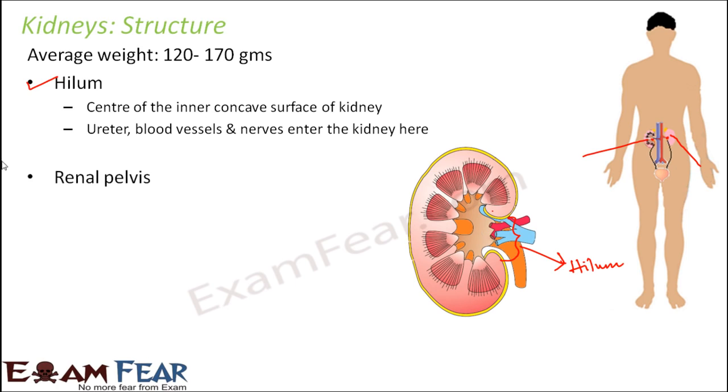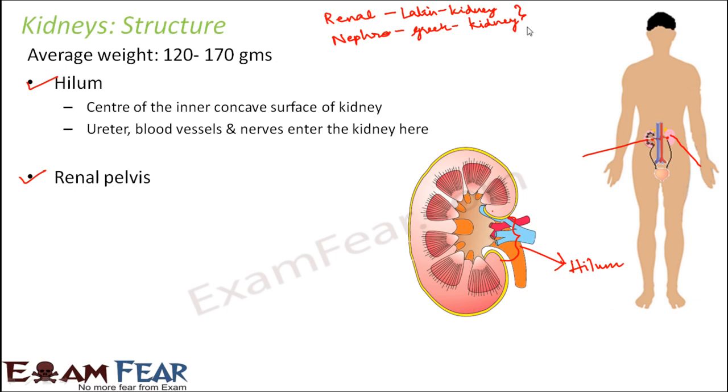The next is the renal pelvis. Let me tell you another important thing: you will often find two words related to the kidney throughout. One is the term renal and the other is the term nephro. Renal is basically a Latin word which means kidney, and nephro is a Greek word which means kidney.